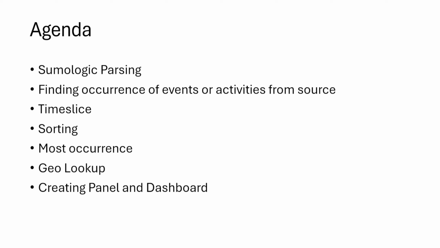So time slice will tell us how many times any event has occurred for a specific time frame. For example, we are parsing data for any log or any collector sources for 7 days or 3 days. So using time slice, we can time slice by 1 minute, 5 minutes, 30 minutes, 7 days, 3 days.